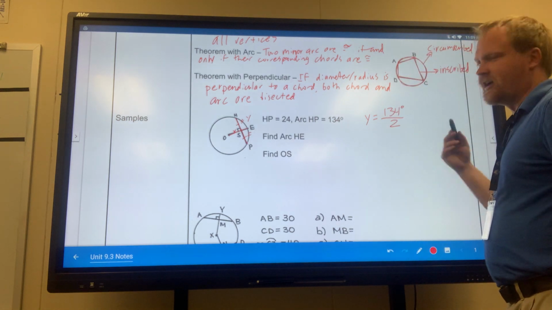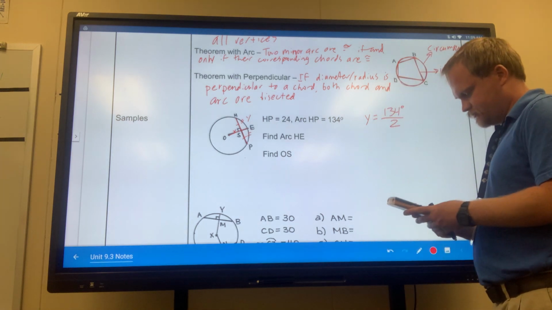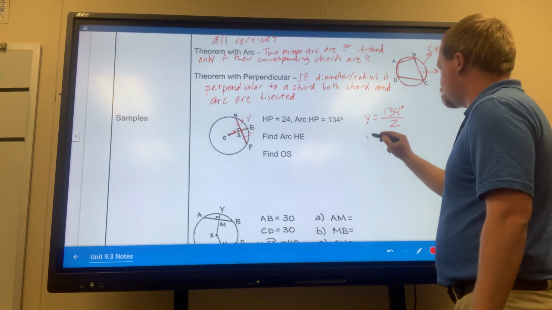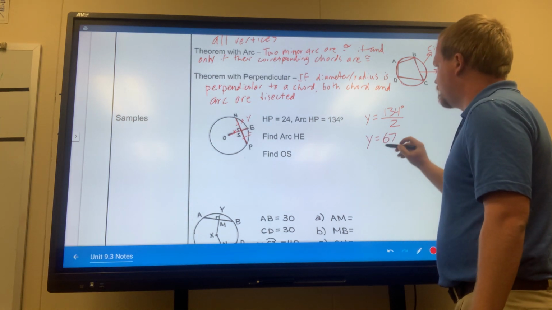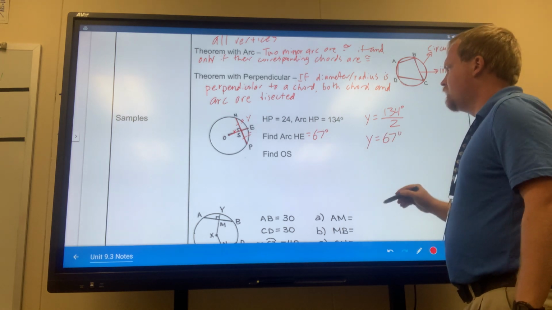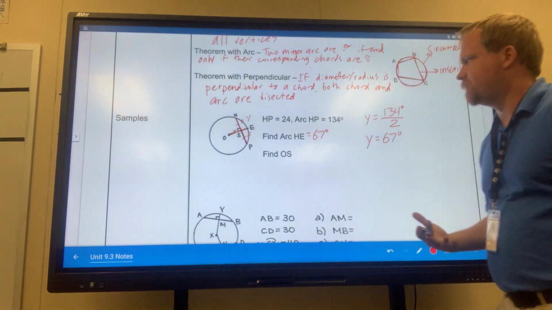So if I divide 134 by 2, I get 67. So the arc HE is 67 degrees.